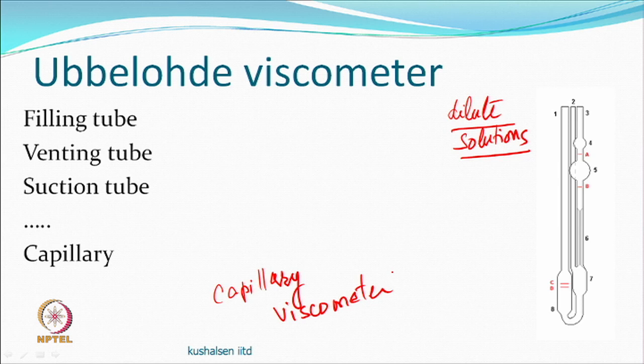This is one typical viscometer, which is called the Ubbelohde viscometer. You can use any such device, it does not have to be this device. What you are looking at is that there is a capillary here. If your solution is filled up to a marking, and then allowed to go down, you measure time.